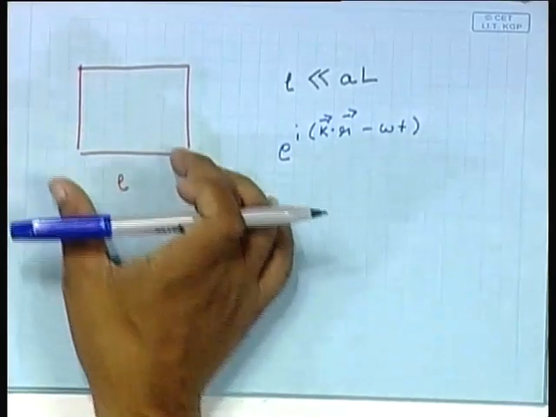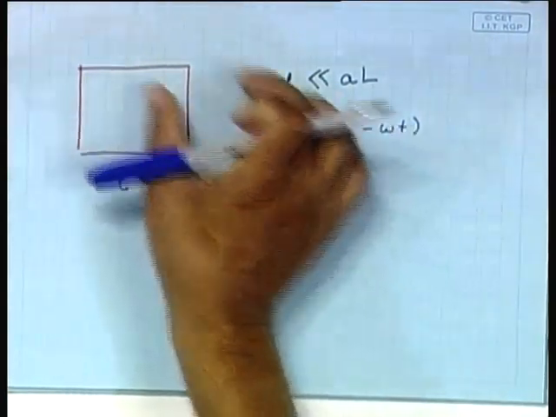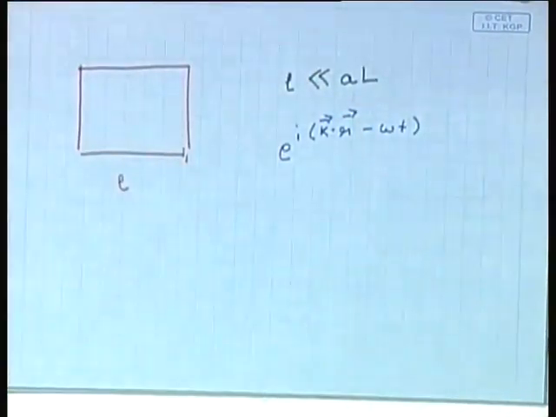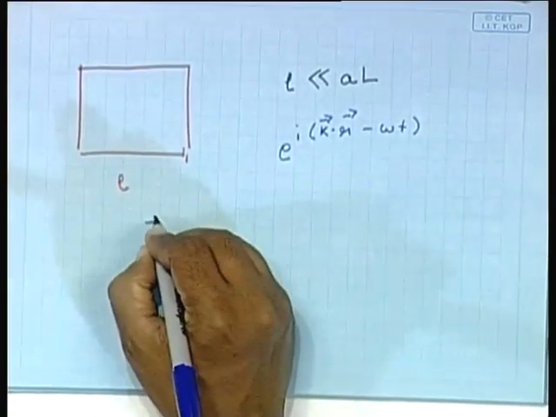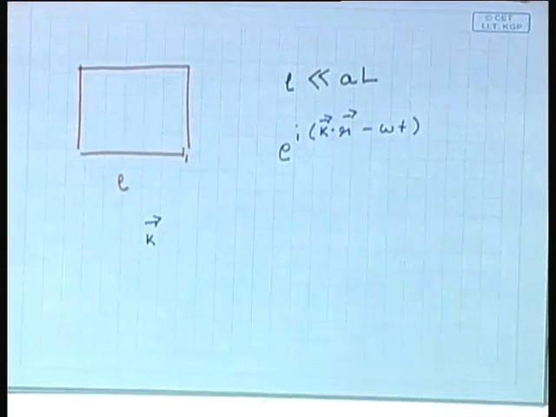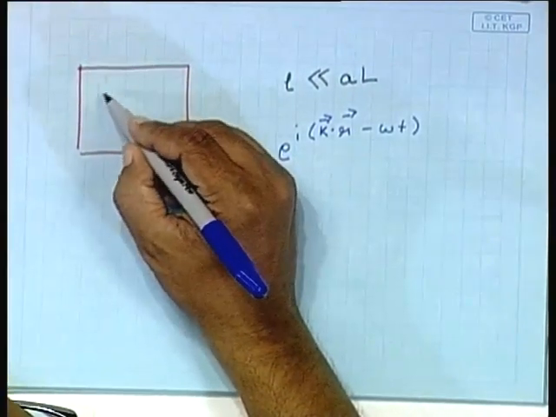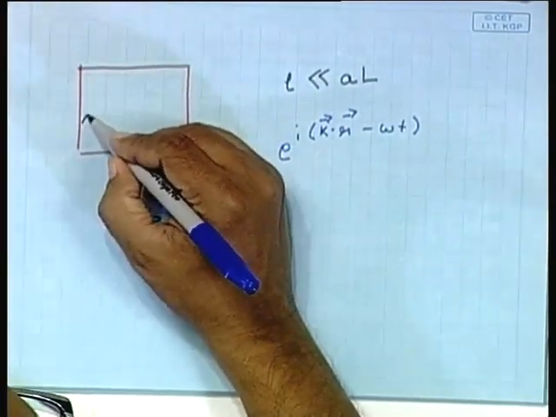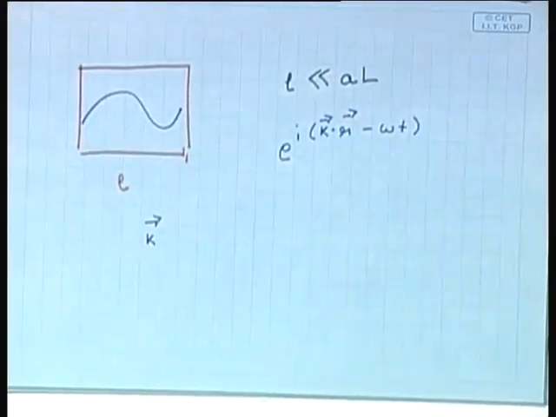Now, we assume periodic boundary conditions, so we assume that the universe repeats after this. This is just a mathematical convenience. If you have periodic boundary conditions, your modes cannot be arbitrary.